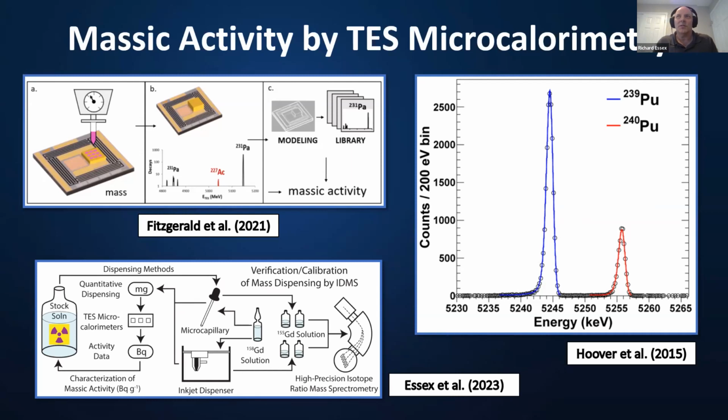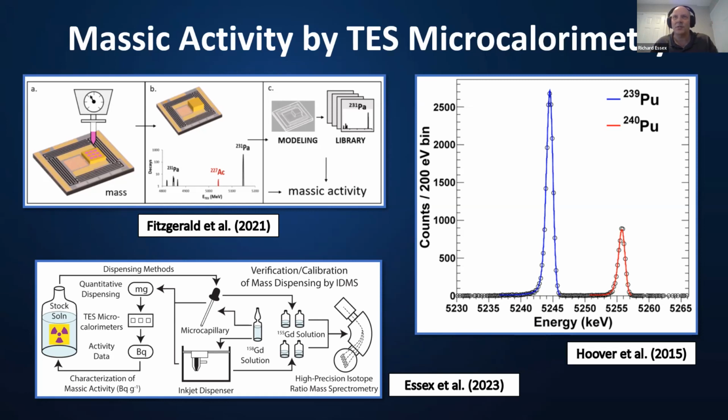So as a result, to make your samples and to have quantitative measurements of something like massic activity, you need to be able to dispense something on the order of 1 to 5 microliters, but know the mass of that dispensed solution with an uncertainty of like 0.1%, and that's expanded. So if you look on the lower left of this slide, this sort of explains what we're trying to do here.